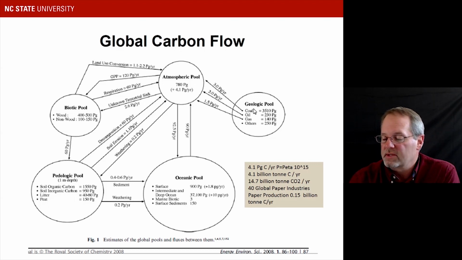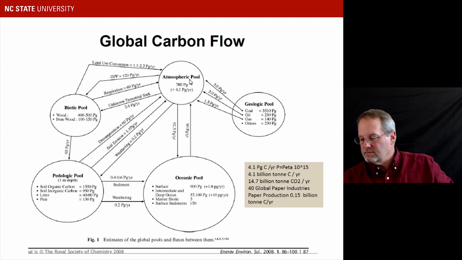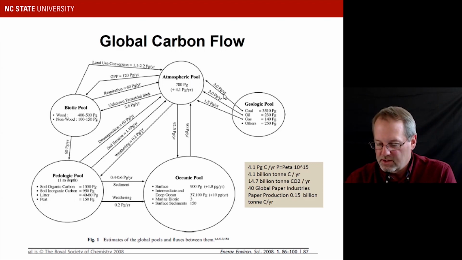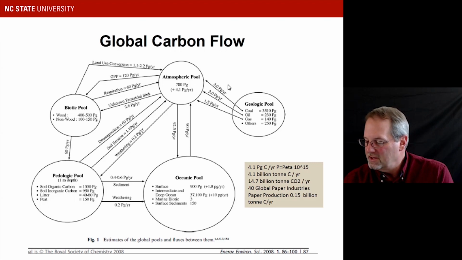Right now we're harvesting that coal, gas and oil, and burning it, and that puts a lot of carbon into the atmosphere. You can see the flows of carbon here. These are petagrams per year, very large amounts of carbon that are going in.